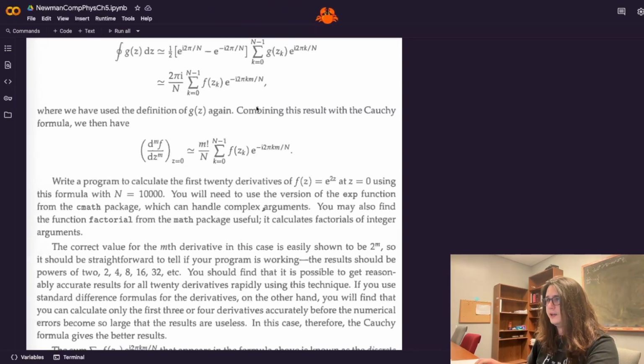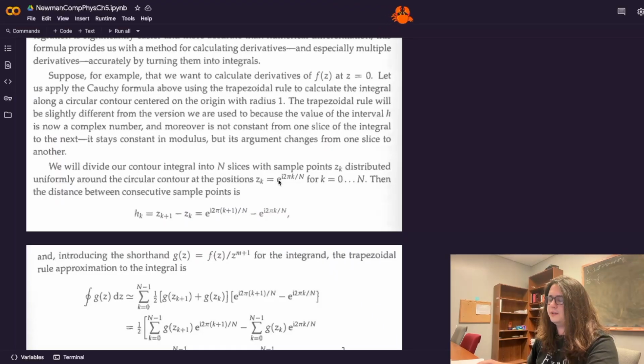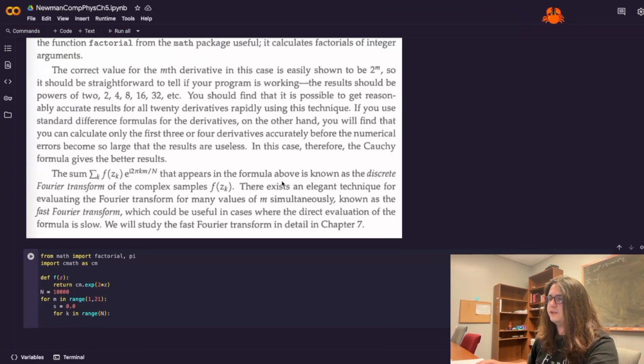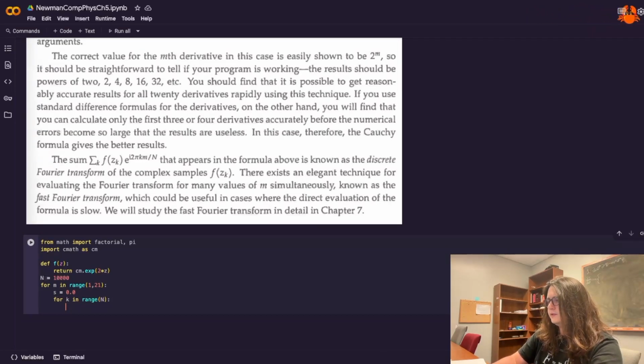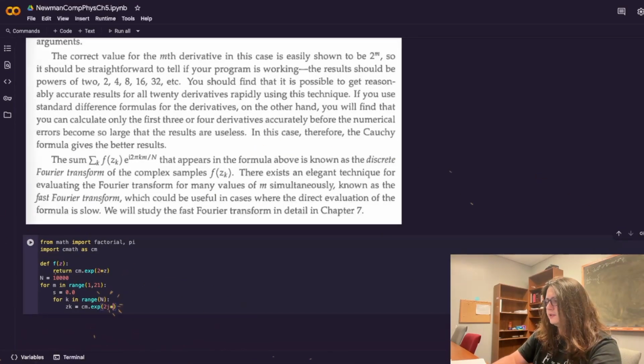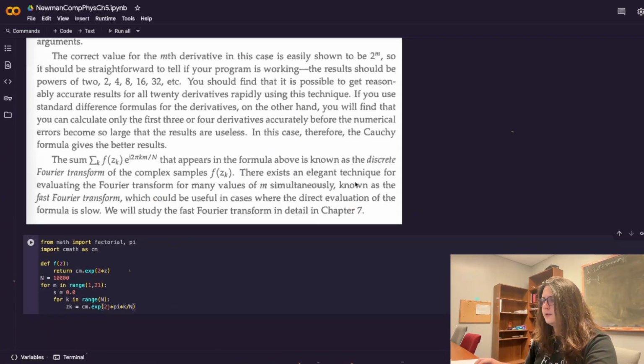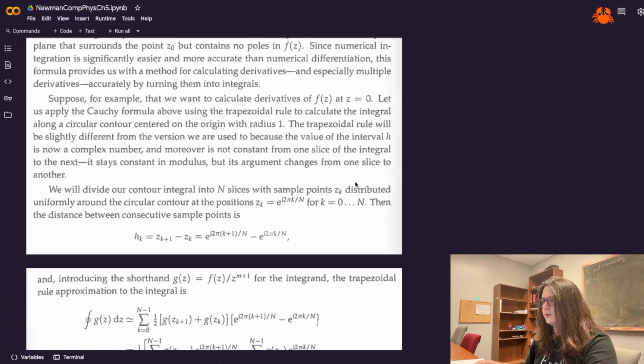What is zk? It turns out to be e to the 2 i pi k over n for each of these. So let's do zk equals cmath.exp of 2j times pi times k divided by n. I think that was everything in the formula. Yeah.